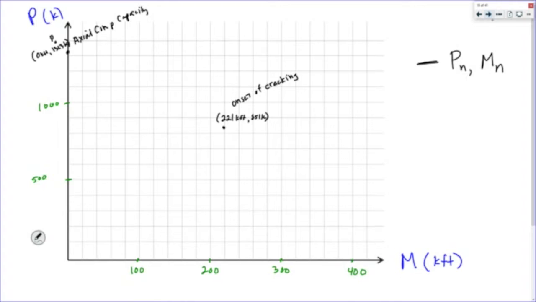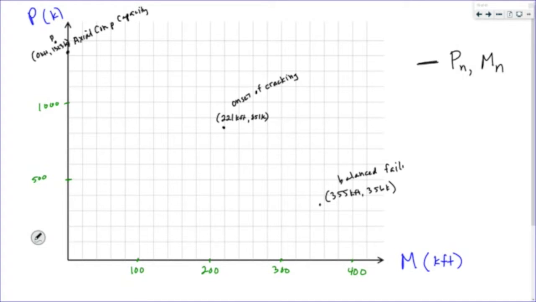So 355, about right there, and about right here, something like that. 355 kip feet, and I think I put 356 kips. This is a balanced failure.